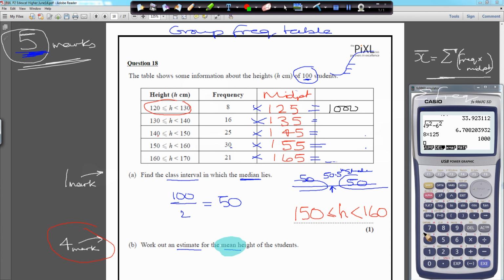Now 16 times 135 gives us a total of 2160. The next one is 25 times 145, which equals 3625.